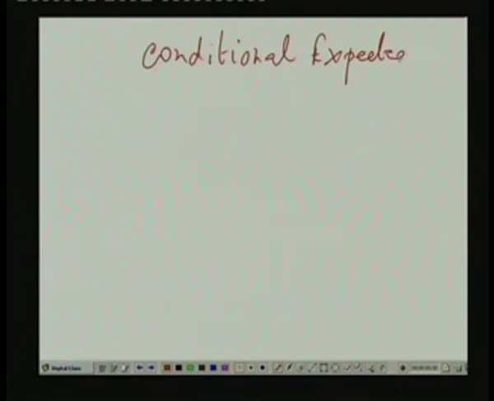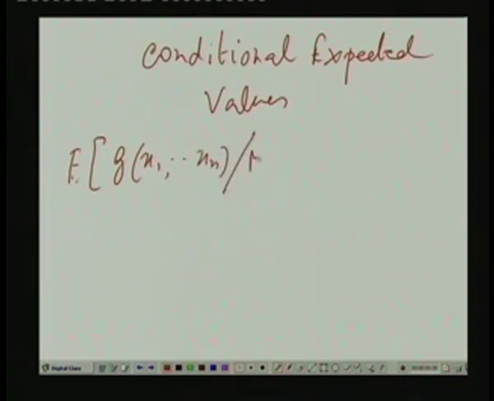A very simple extension of this is the conditional expected values. Suppose there is some condition m and you want to find out the expected value of a function of random variables, say g of x1 to xn, subject to m.